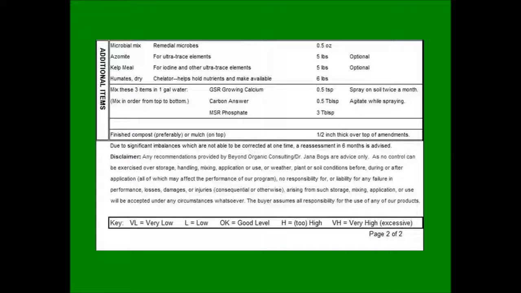In this case, for this particular soil analysis, we're adding humates, which can increase the holding capacity of the soil. It will vary with the soil analysis, but there are usually a few other things we want to add. And then we're almost always, for most situations, going to have some sort of finished compost or mulch on top.